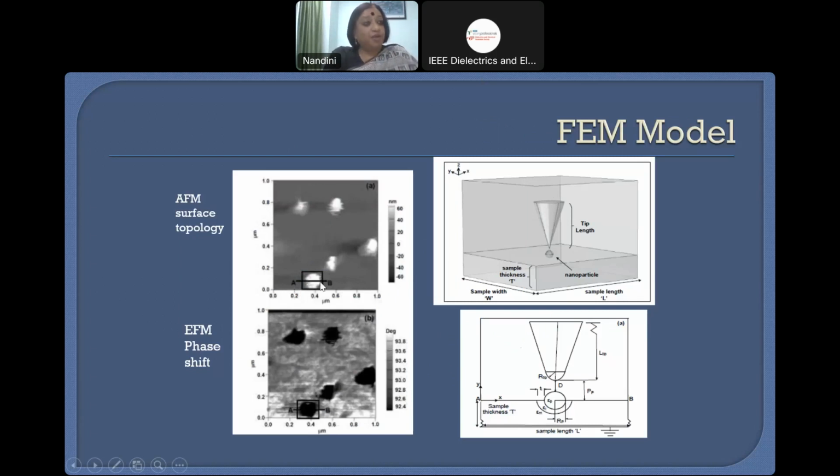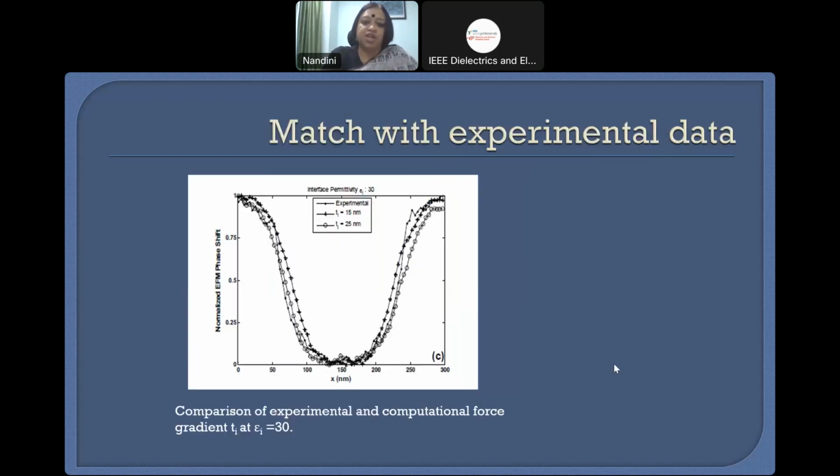We scan with the EFM from the polymer across the surface of the particle till we reach the other end of the polymer, and we simulate the same surface and the same particle, as we measure from the AFM surface topology, in the computational finite element model, where we compute the phase shift image. So we have an experimental phase shift image and a computational phase shift image, and we get to match them. How do we match them?